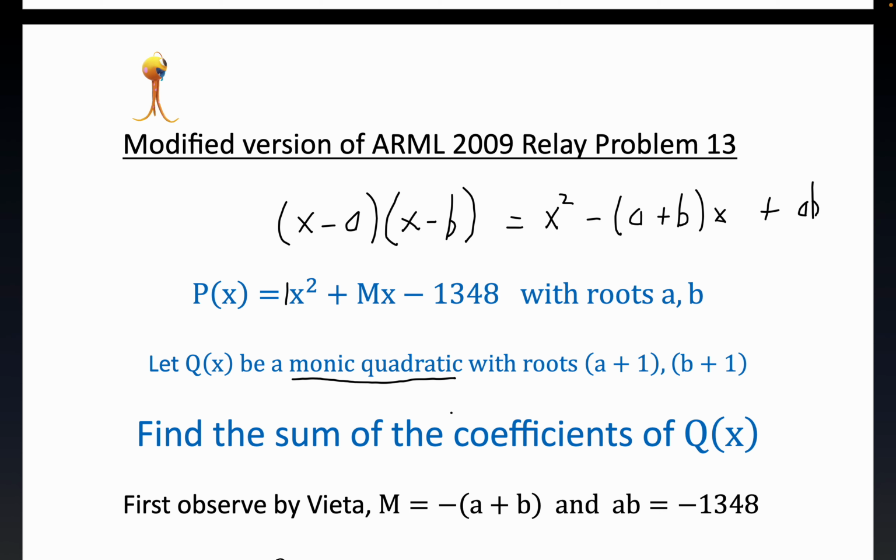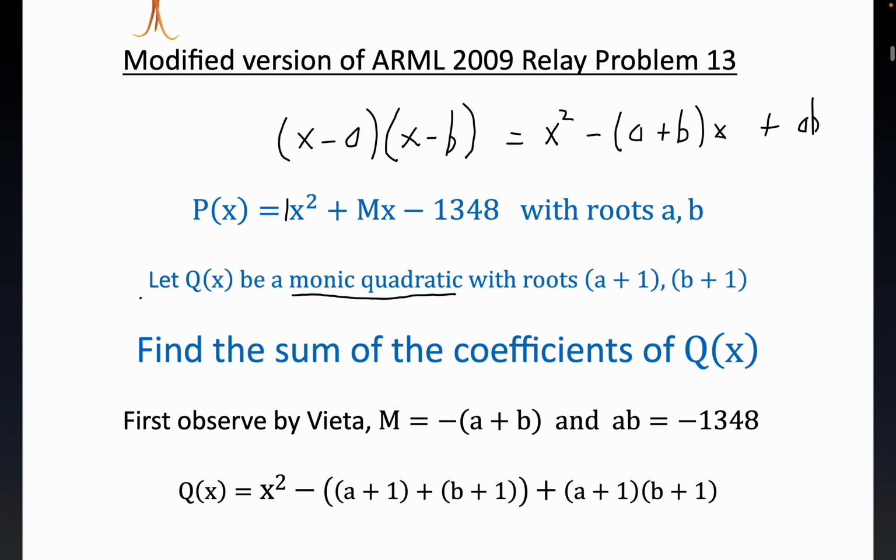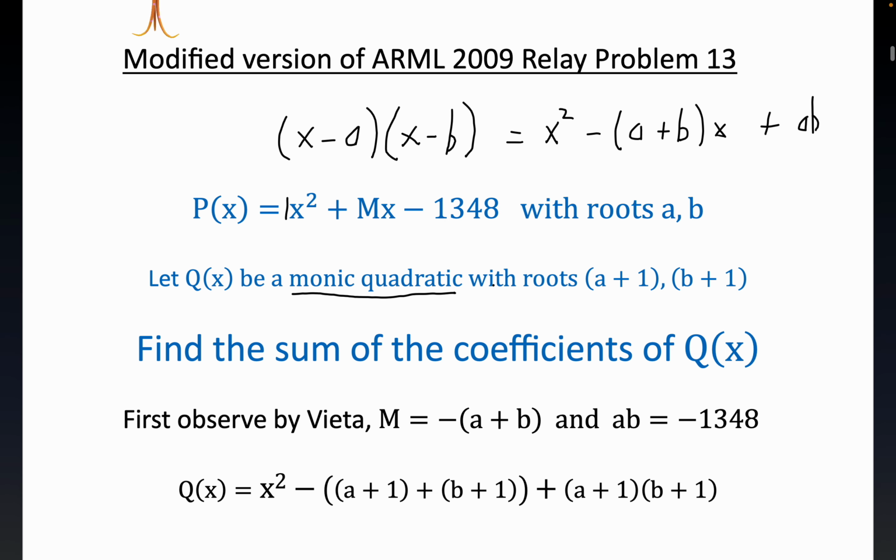Now let's relate this to the second polynomial, q of x. Using the same sort of reasoning, just like minus (a plus b) present right here is the coefficient of x, it's the very same thing right here, except it's a plus 1 and b plus 1 that are the roots, all right? And it looks like I left out an x right here.